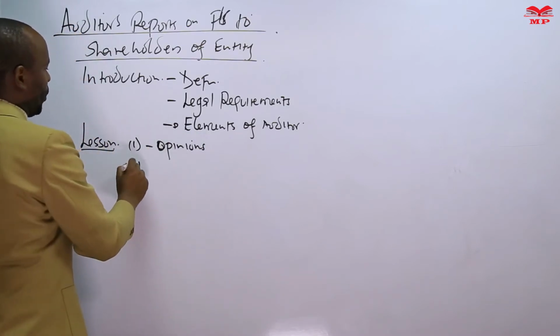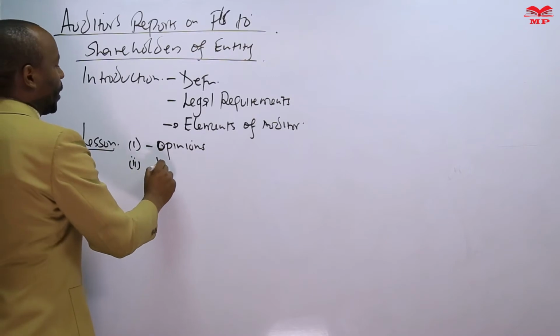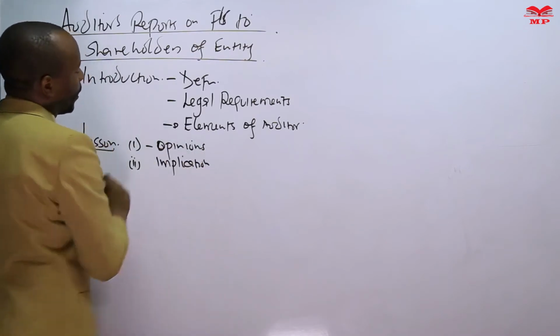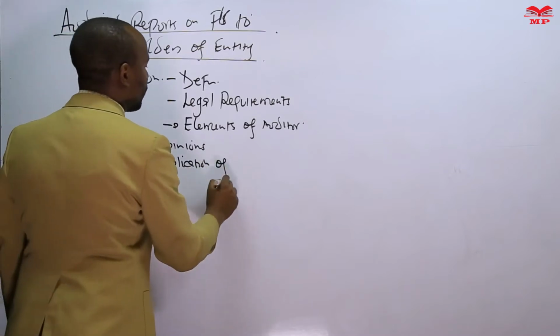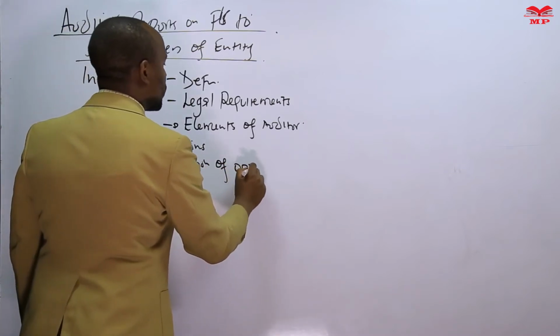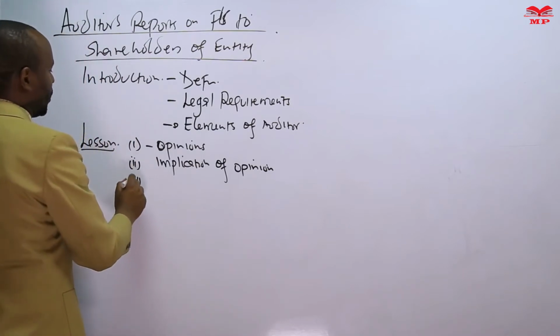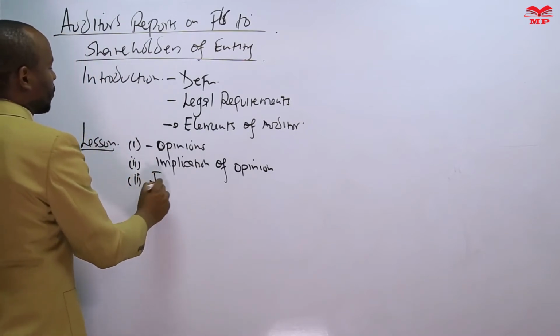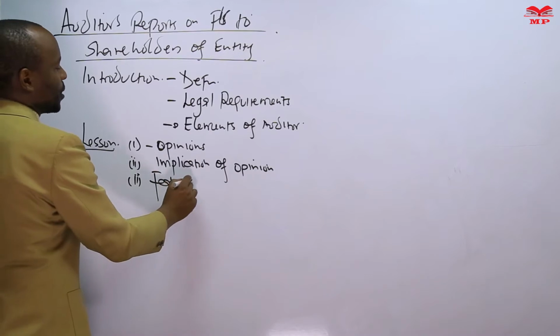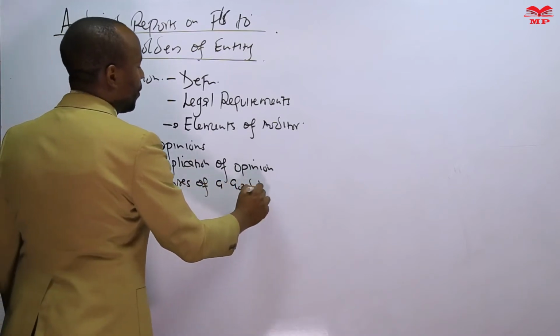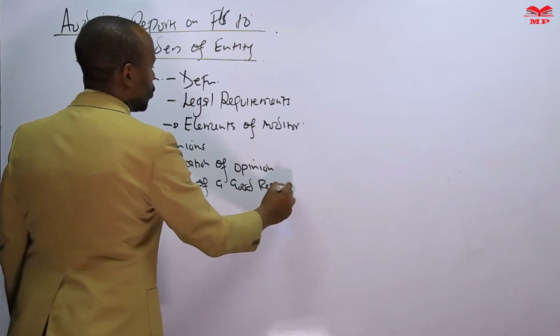We are also going to look at the implications of the auditor's report on financial statements, the implications of the opinion to the auditor or to the company. We can also look at other issues, for example, the features of a good report. All this will be covered in lesson 2.